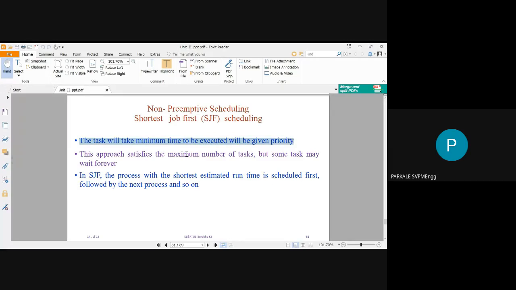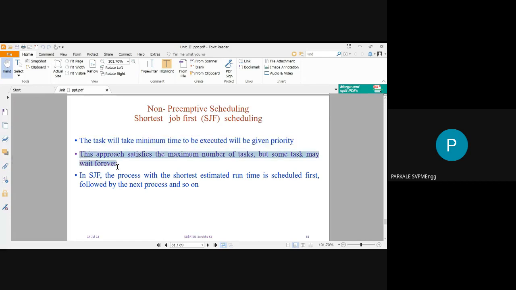Out of these 4 tasks, P1 has the minimum execution time, so it is selected first. Then P2, then P3, and P4 has the last execution priority. This is how to select the process or task if you use shortest job first.